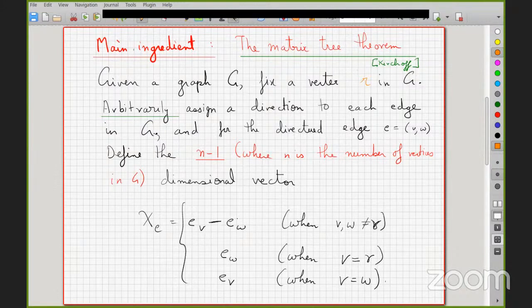So you've chosen one arbitrary root, assigned some arbitrary directions, and for each edge you have made a vector which has two entries, 1 and minus 1, when the edge is not incident on the root vertex, and exactly one entry, which is just 1, when the edge is incident on the chosen root vertex.